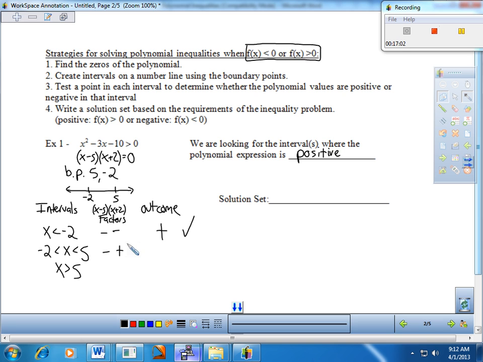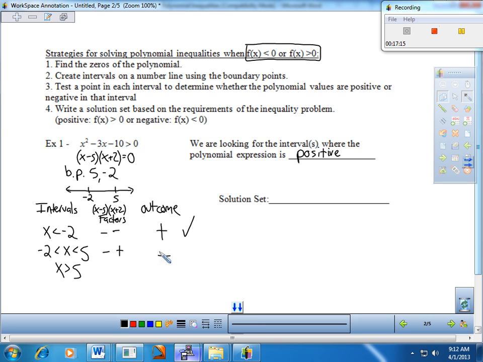And so if I put any number from this interval into these two factors, it would be a negative factor times a positive factor. And negative times positive is negative. Is that what we want? Is this interval part of our solution set? No. We wanted positive, greater than 0. This one's negative. So that's not part of our answer.